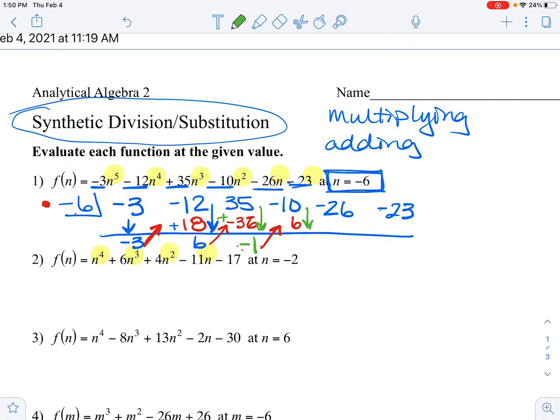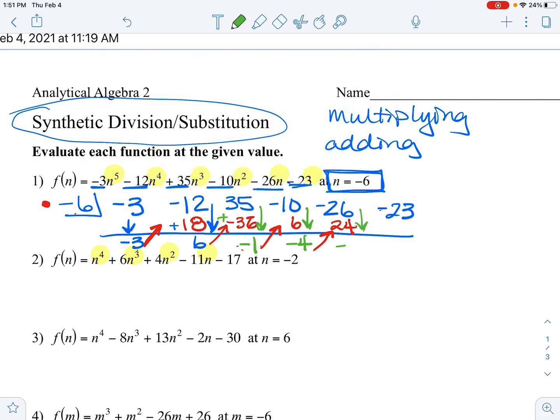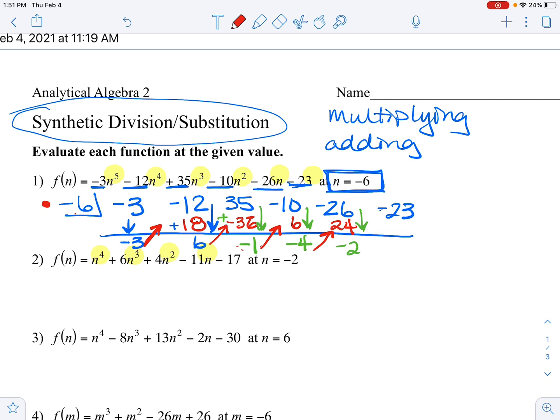Add straight down, -4. Multiply up, -6 times -4 is a positive 24. Add straight down, -2. -6 times -2 is a positive 12. Add straight down is a -11.